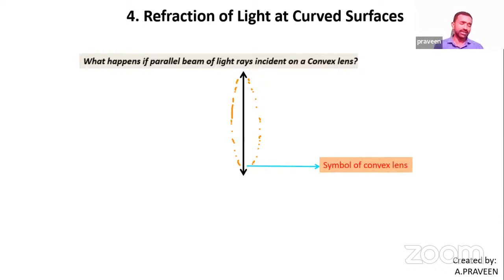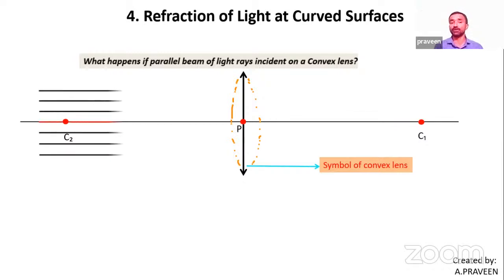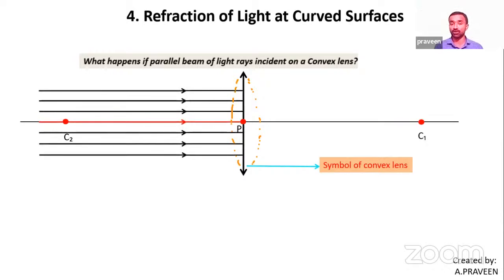Then in the symbol we can recognize the parameters, center of curvatures, C2, C1 or C1, C2 will be same, and identifying a midpoint on the lens surface where they coincide each other, given as pole or optic center, right, denoted by P. Then identifying F1 and F2. So parallel beam of light ray focused on the double convex lens. Then after refraction, what happens?